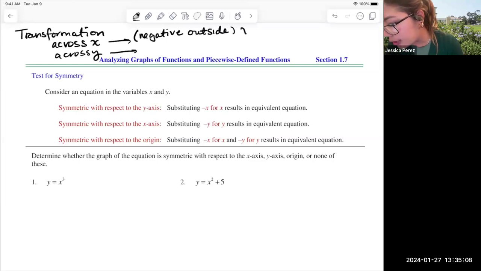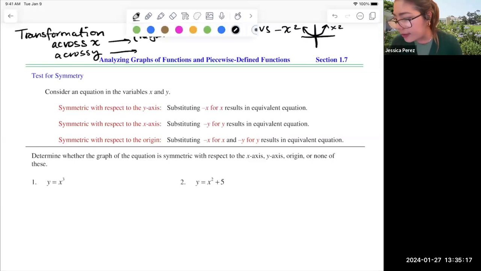So for example, x squared versus negative x squared. This is the positive x squared, and then we had the negative x squared. That means that it's reflected across the x-axis.